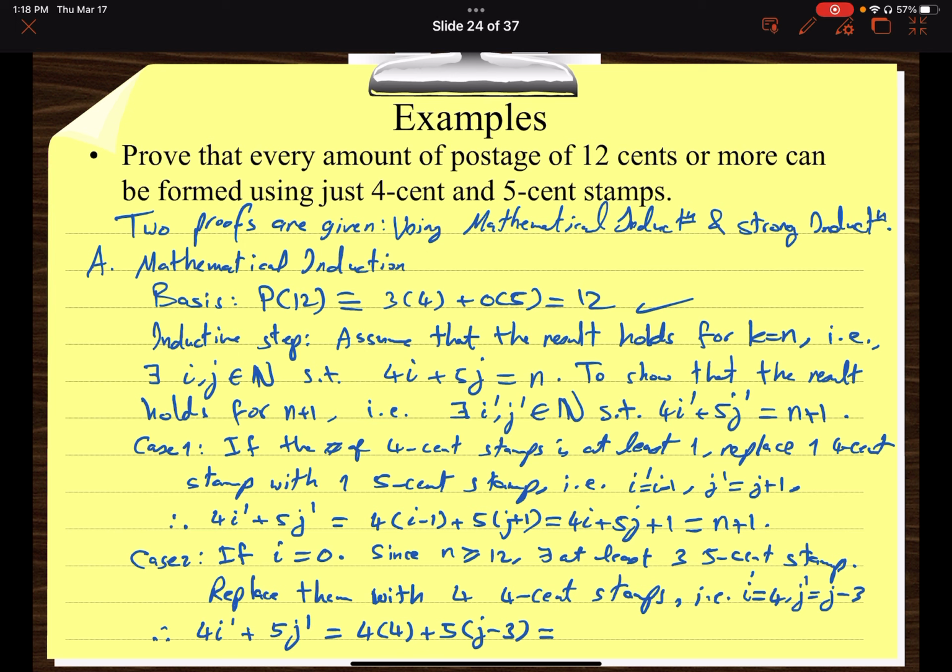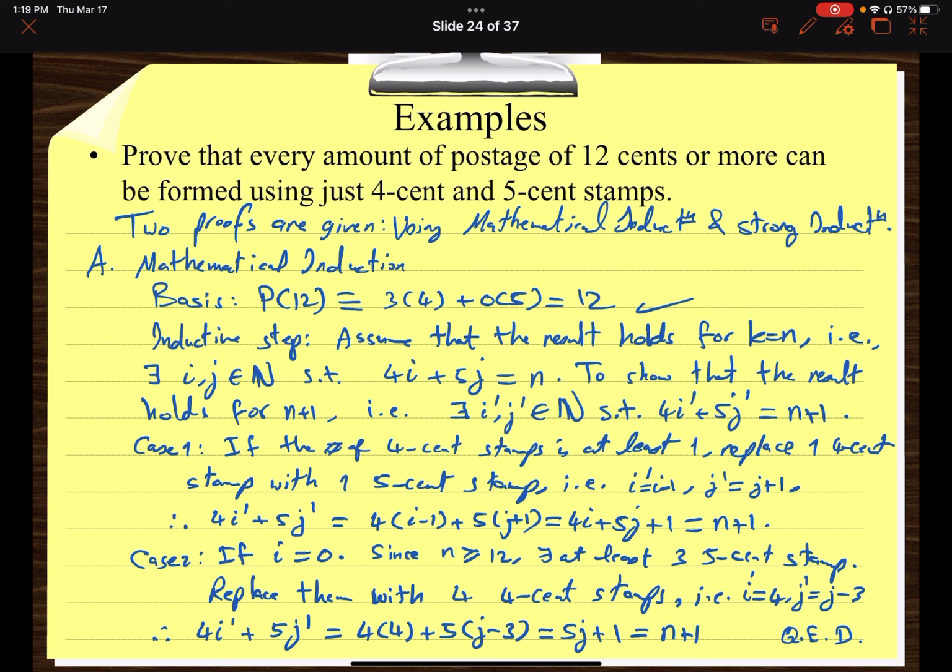So 4 times 4 is 16, minus 15 is 1. So I have 5j plus 1, which is in fact n plus 1, because i is 0. 4 times 0 is 0, plus 5 times j is equal to n. So this is n plus 1. Clear, guys? And this is the end of the proof using mathematical induction.